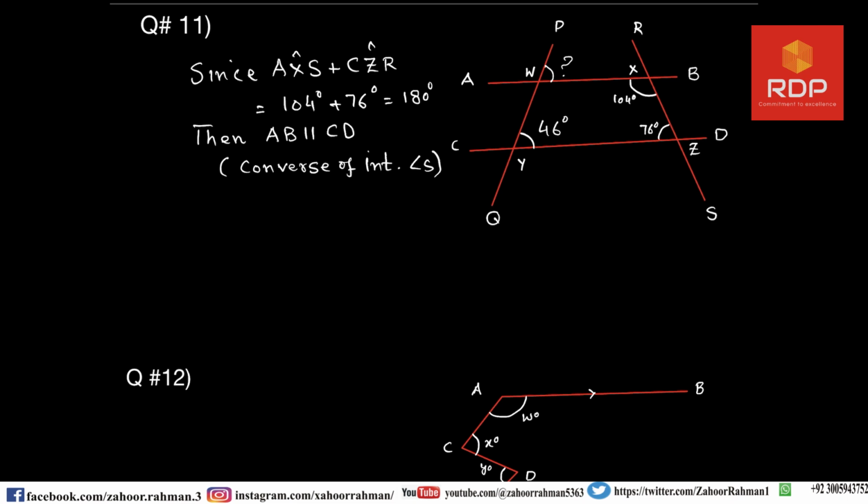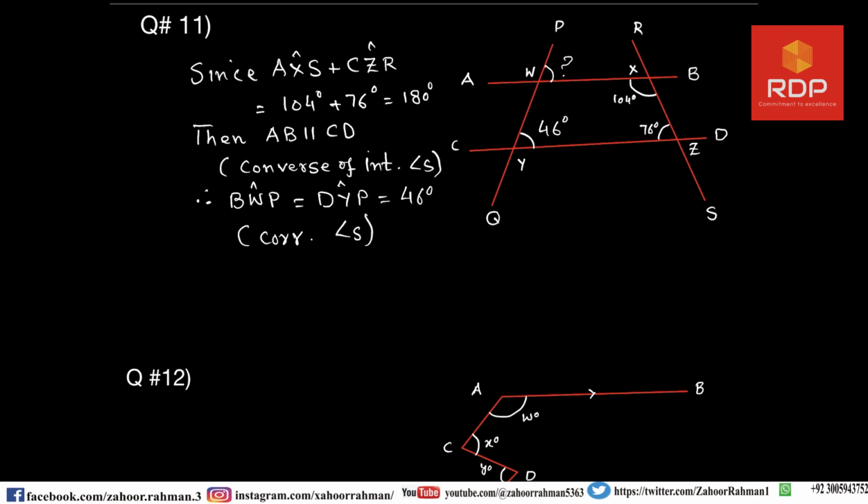Ladies and gentlemen, if this is the situation, then we can say that BWP, I will discuss it in a moment, but let me first write it. BWP is equal to DYP, and that is equal to 46 degrees, and I am writing it due to corresponding angles.